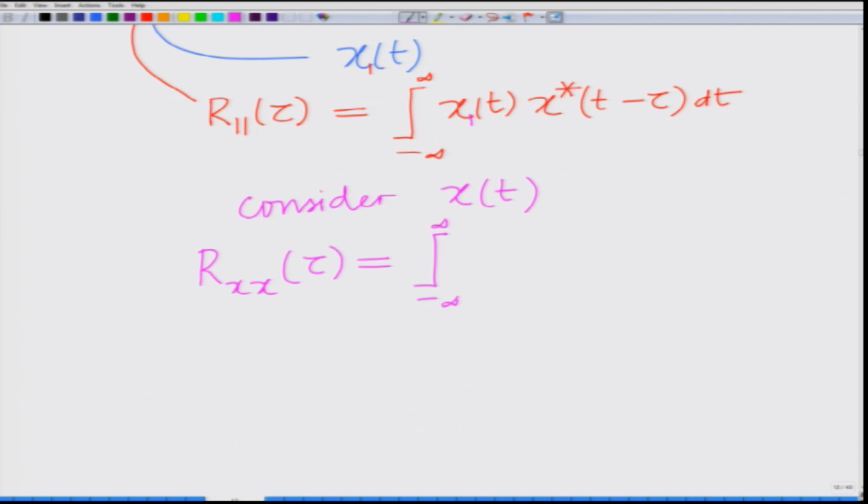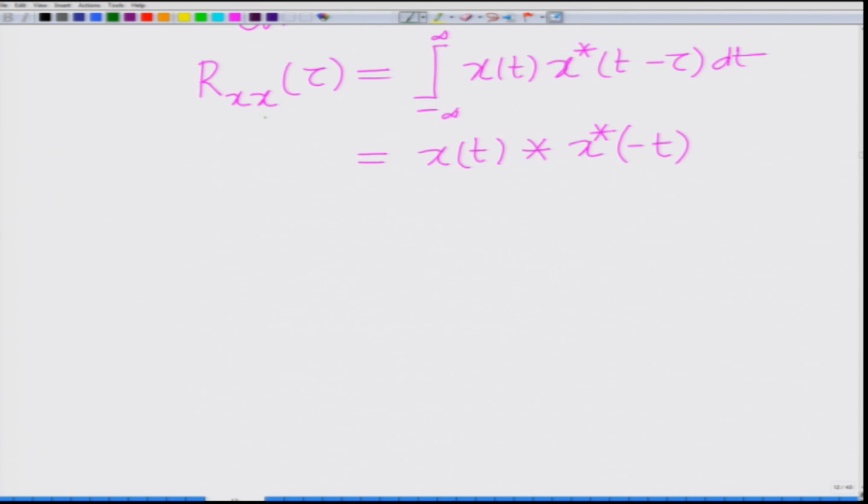Here I simply have x(t), x conjugate of (t minus tau) dt, and we have seen this is also equal to x(t) convolved with x conjugate of minus t.